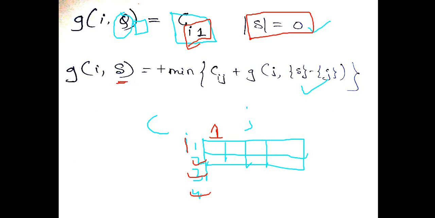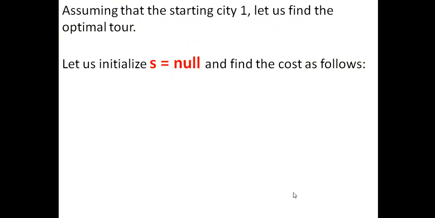Mod s equal to 0. Is that clear? And second formula, g of I, S. S is what? Stages. In the previous slide we have seen different stages, 0, 1, 2. So those values we have to fill in this place. Then C of I j is a cost matrix, I value and j value, ith row and jth column. So this is minus. Okay, you will come to know how to solve this formula, but you just remember these two formulas.